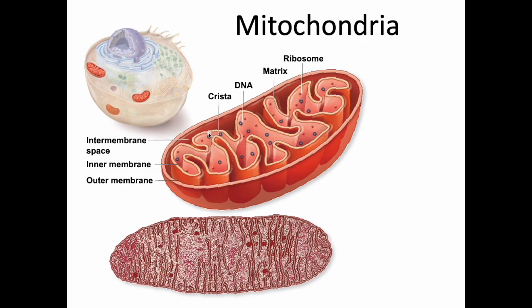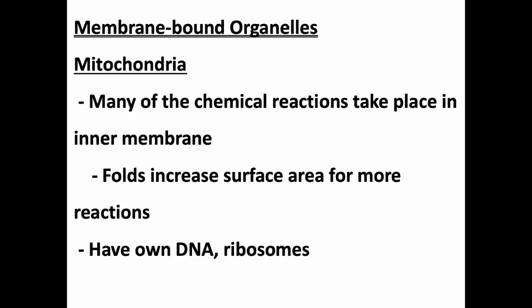If this were just a flat pill, we would have this much space, this much surface area for these chemical reactions, but by having all of these folds, we could cram in way more enzymes, way more chemical reactions that break down foods and generate ATP. So the purpose of this structure is to increase surface area. So how do I summarize that? Many of the chemical reactions in the mitochondria take place in that inner membrane structure. These folds that exist increase surface area for more reactions.